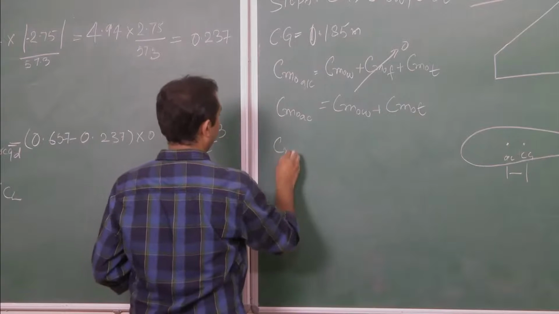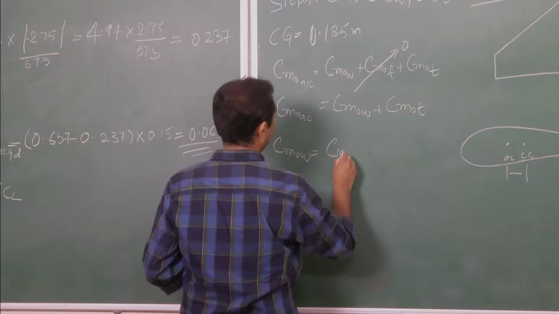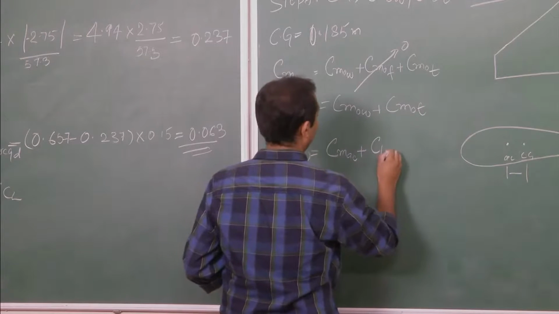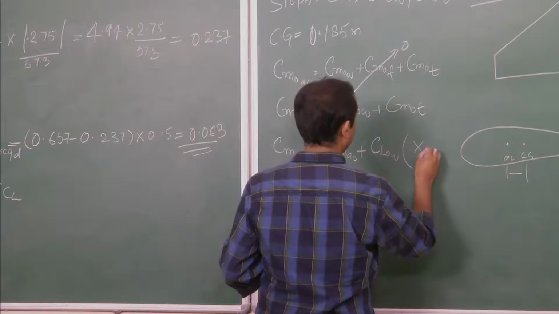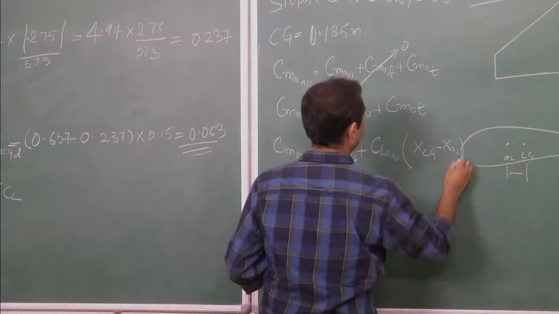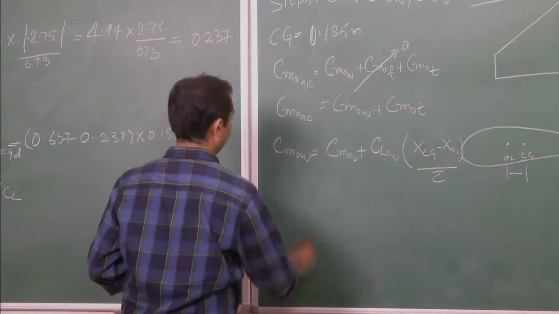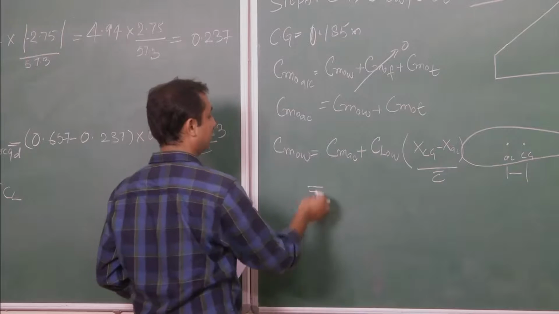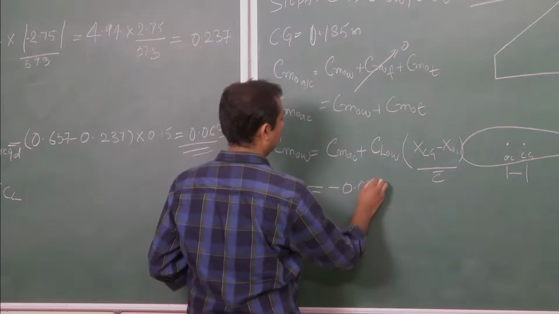Now Cm naught of wing is equal to Cmac plus Cl naught of wing into (xCG minus xAC) by C bar. We already know the value of Cmac from the airfoil data, which was minus 0.07.